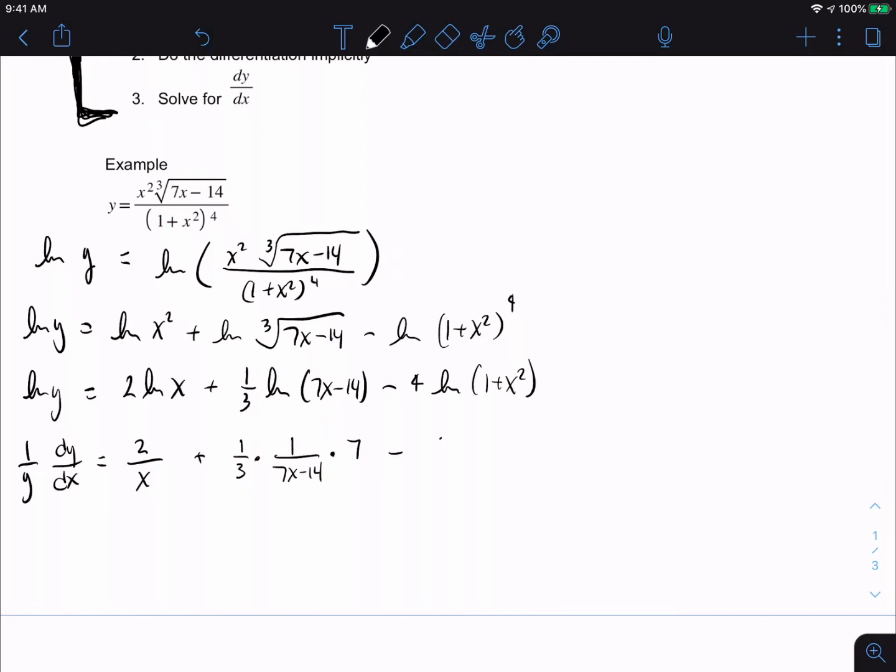Minus 4 times 1 over 1 plus x squared times 2x. In fact, just to be consistent, I'll go 2 times 1 over, just so you guys can see it all. Did I break that down enough for you all?